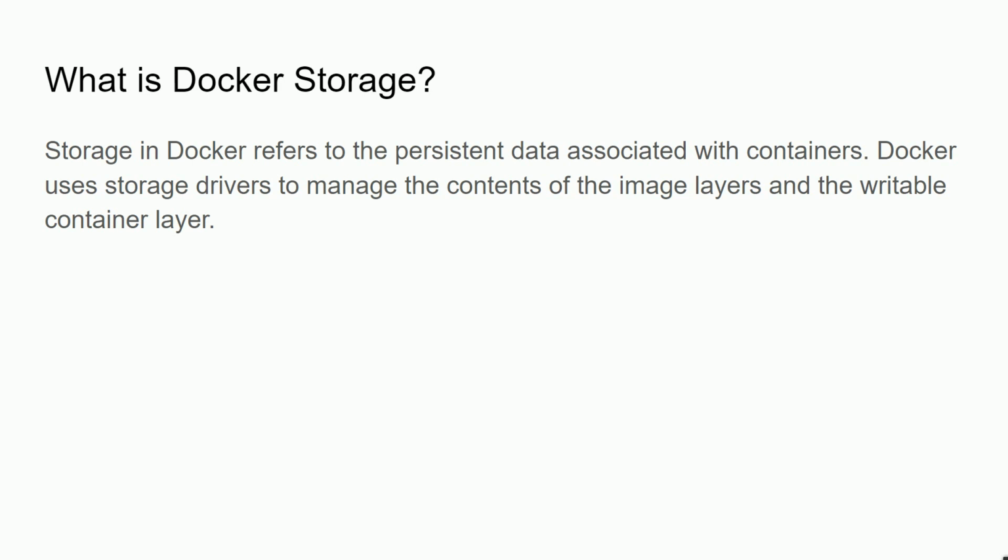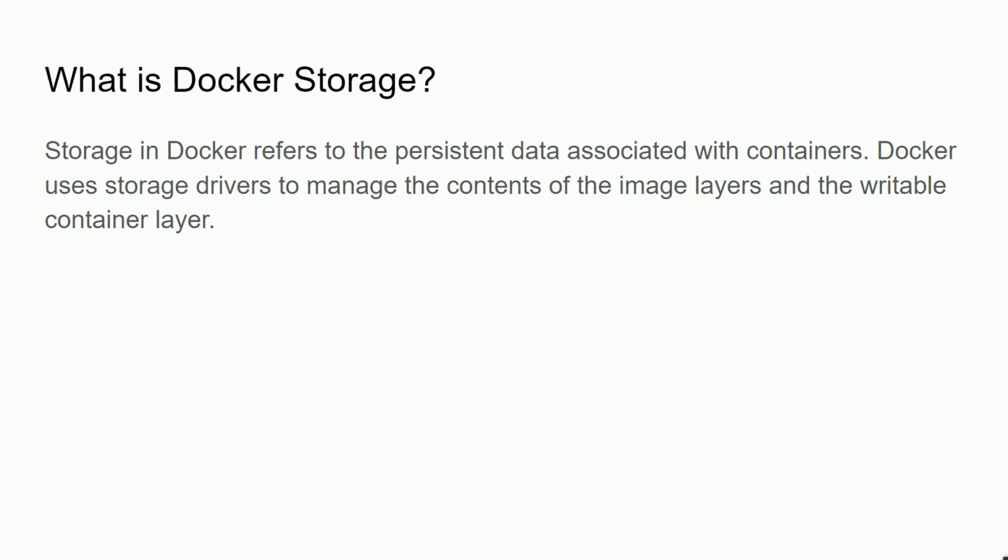When we create a container, it requires some storage to store its data, which is known as container storage or Docker storage. It also has certain layers included along with the default image storage, with a writable container layer where we can additionally add our data.